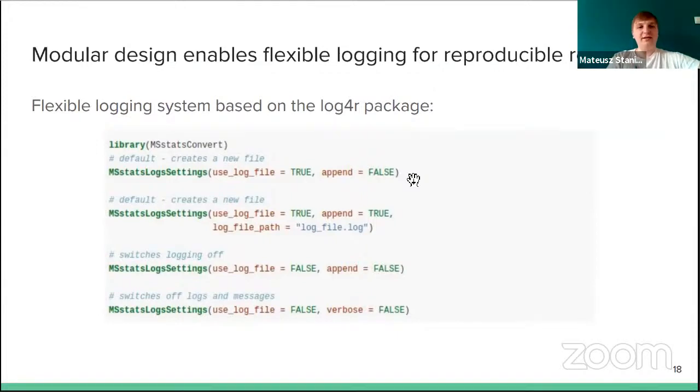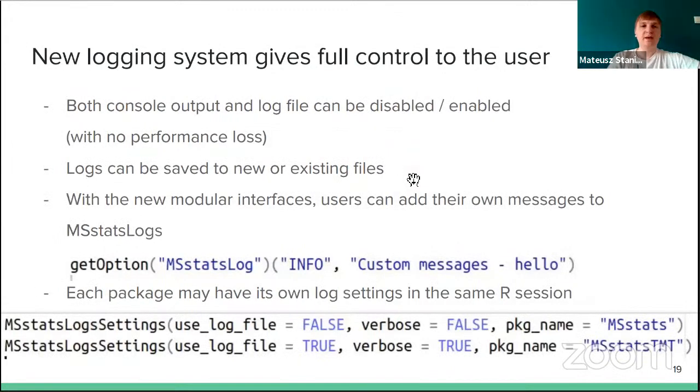And the idea is to let users completely decide how they want to see the history of MSstats operations in the logs. So it's possible to disable or enable both console output and logging files without losing performance for necessary checks. Logs can be kept together in one file or in multiple files.